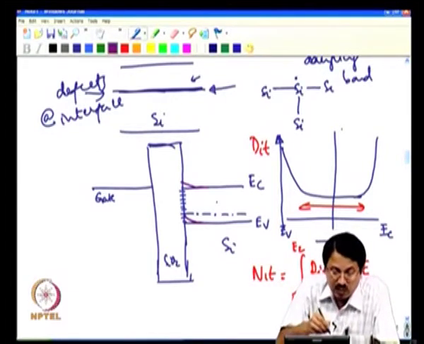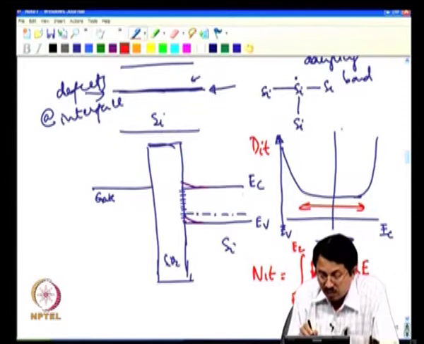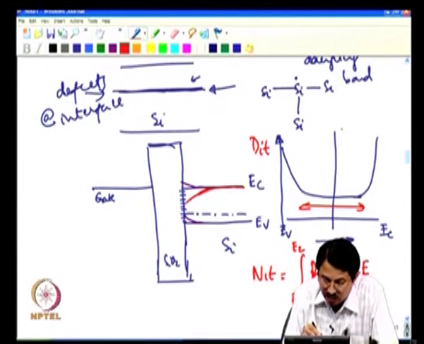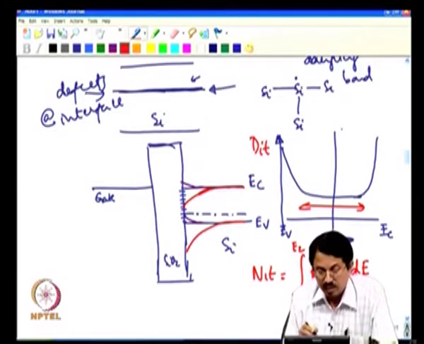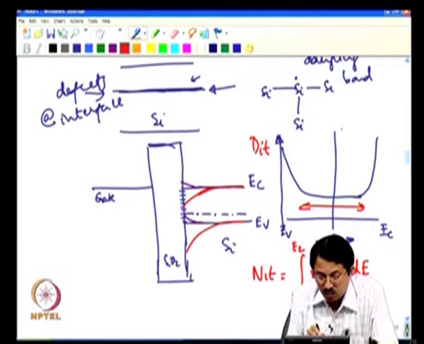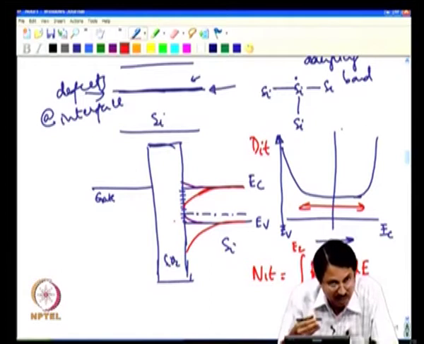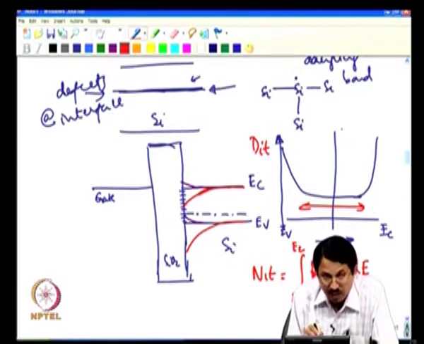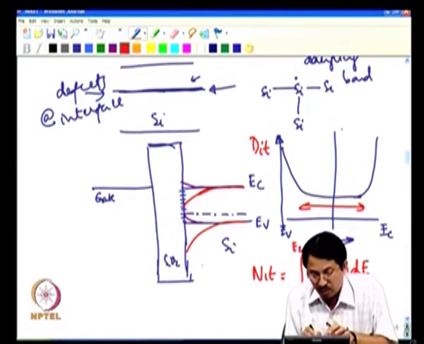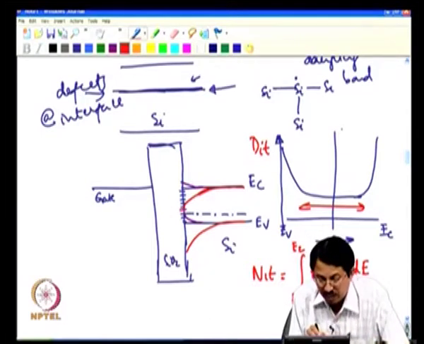If I go into inversion, the bands, as you know, will bend downwards. The Fermi level comes closer to the conduction band, that is why it is N like now, because it is inverted, and in accumulation the Fermi level was very close to the valence band, it was very heavily p like.